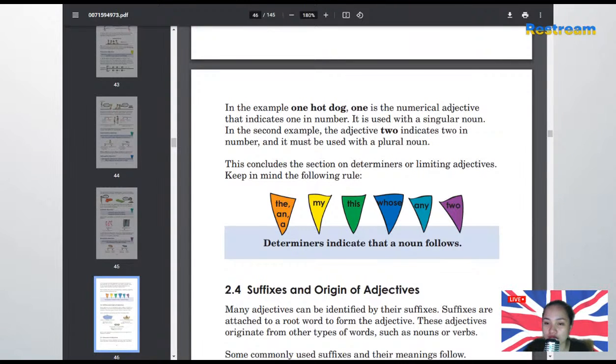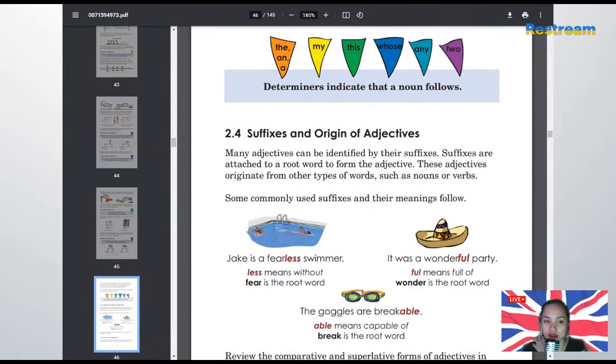For the next one, we are now in the suffixes and origin of adjectives. Many adjectives can be identified by their suffixes. If you remember, we also used suffixes on the noun itself, so also with an adjective. Suffixes can be used in different ways, on different kinds of words, like nouns and adjectives.